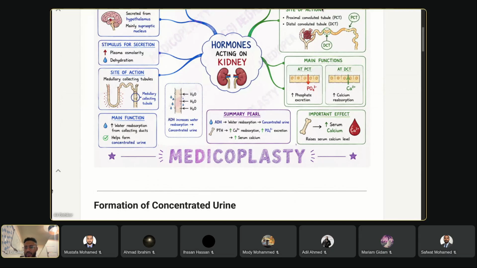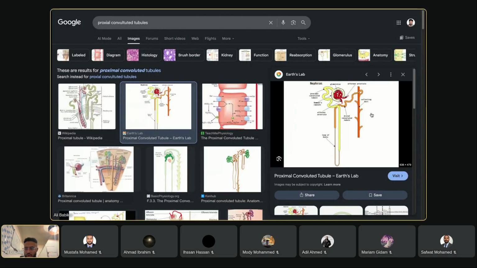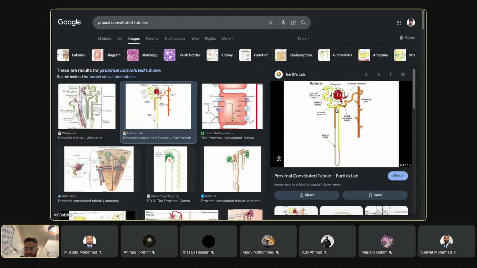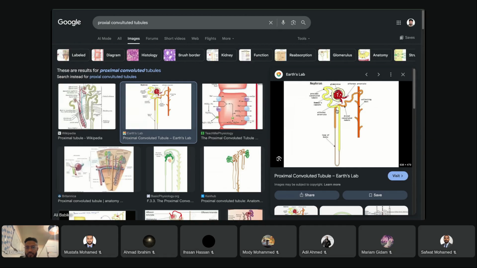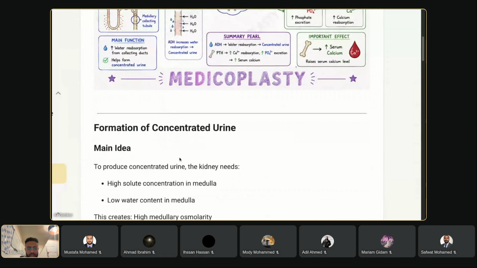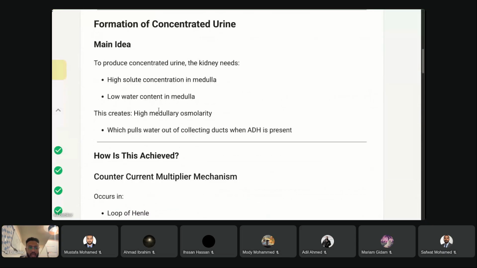The loop of Henle, most of it is located in the medulla, not in the cortex. This creates high medullary osmolarity, which pulls water out of the collecting duct when ADH is present.